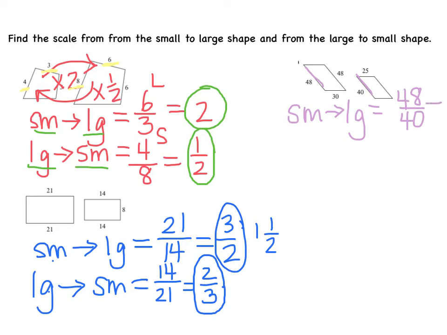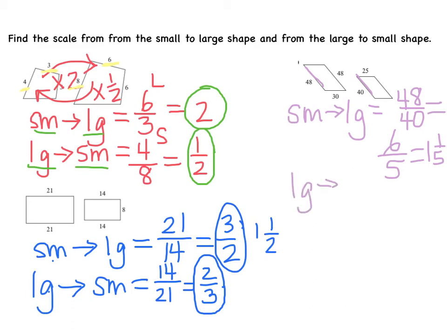And 48/40 simplifies to 6/5, or we could also call it 1 1/5. That means that I multiply my small figure by 1 1/5 or 6/5 to get my large shape.